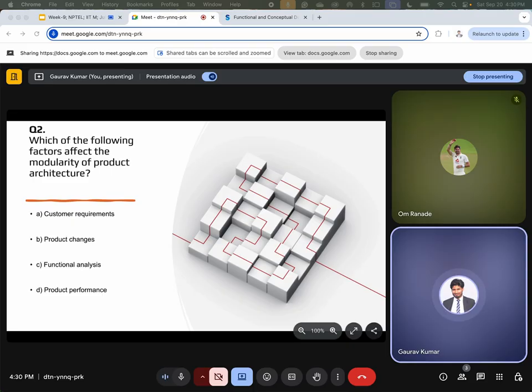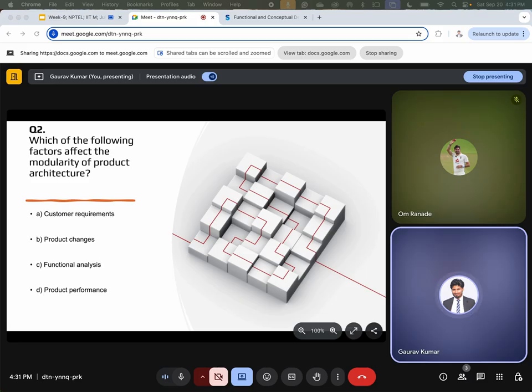So product change directly influences how flexible a design must be. A modular approach accommodates evolving requirements without redesigning the entire system. This adaptability is critical in industries with fast-moving technology like electronics or software-driven products.